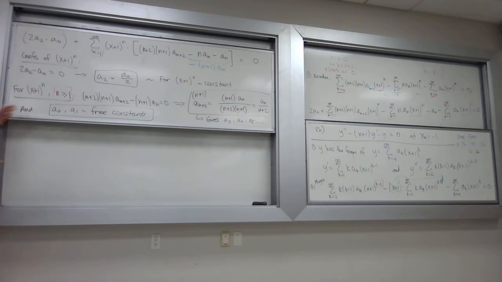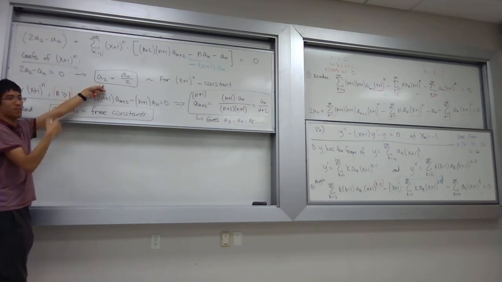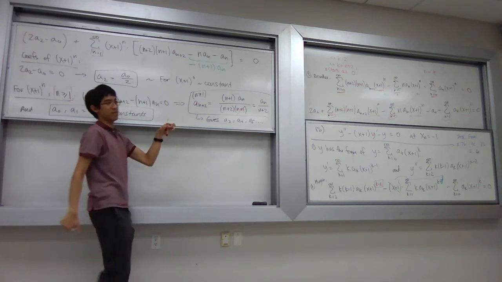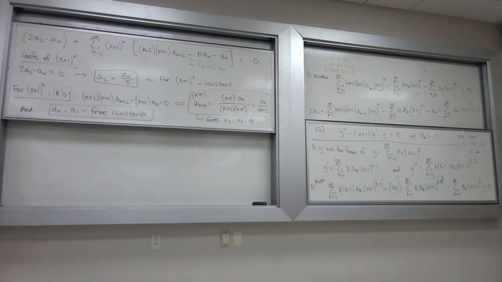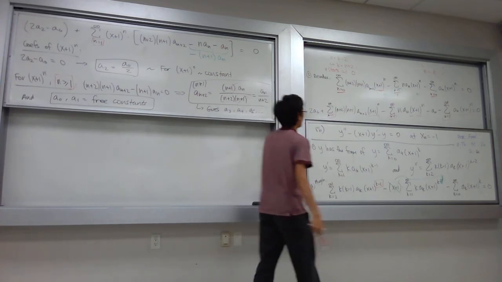What the person wants is basically this: the free ones, any predetermined ones from the pulled out terms, and then the recursion relation. And that's it. Any questions? And of course, you can plug it in and check it out.